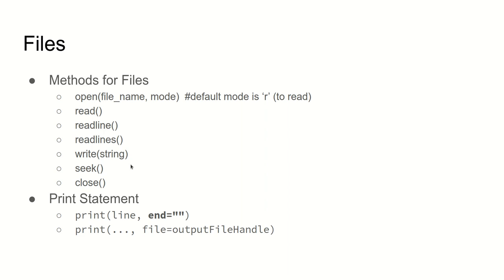And I want to reiterate, much like the input command that we've used before for getting user input from the system input, everything we get from the file will be strings. If you want it to be treated as an integer or a floating point number or a Boolean or anything else, you need to take that chunk of string that you have from the file, and you need to ask Python to convert it to an integer or a floating point number or a Boolean or whatever you're wanting to be dealing with.